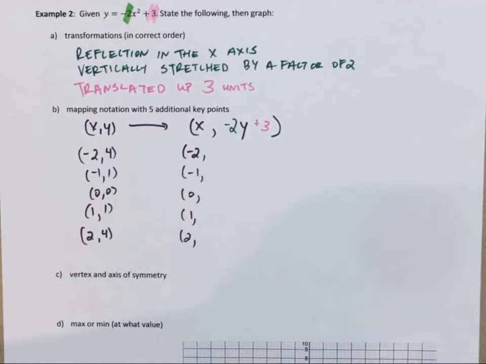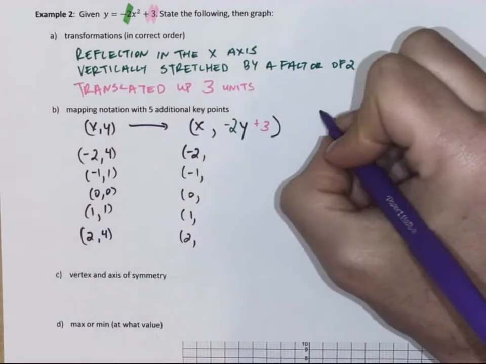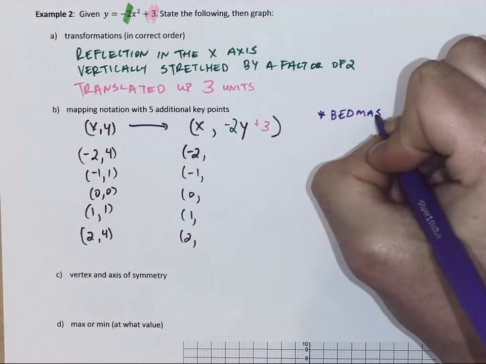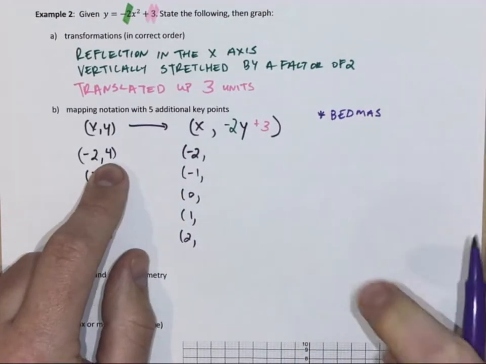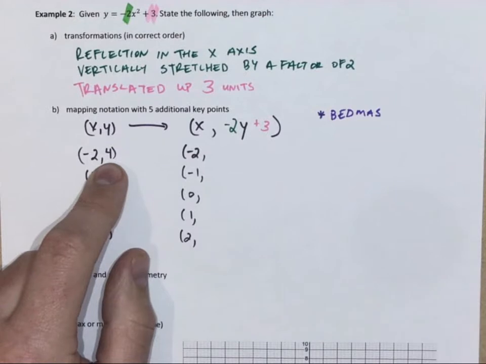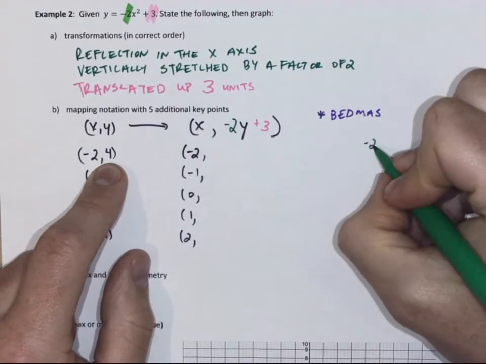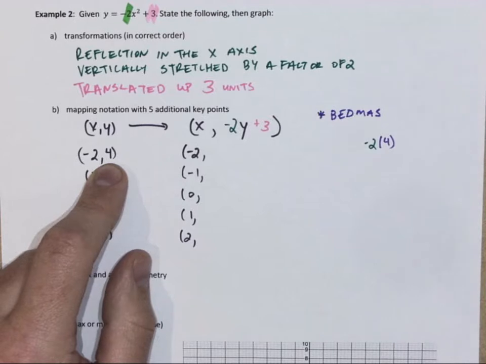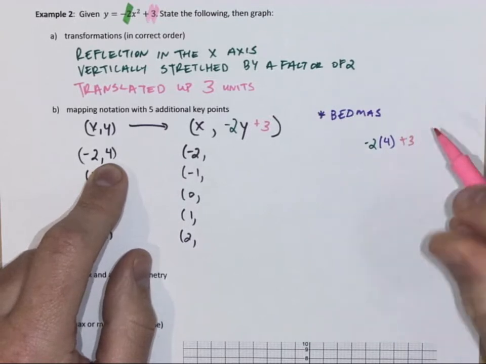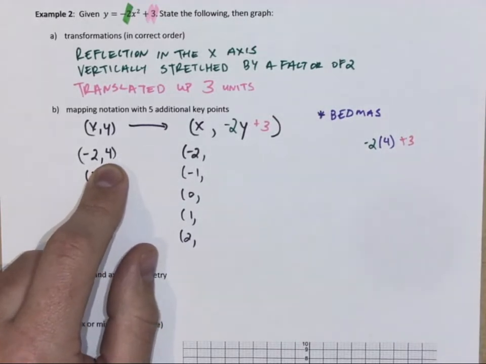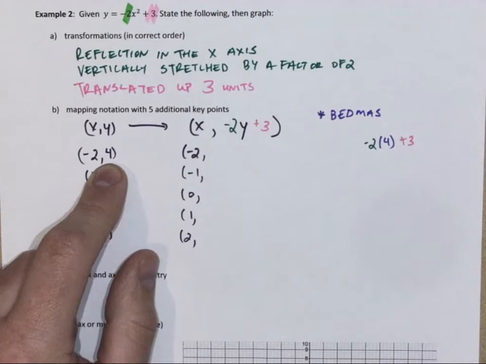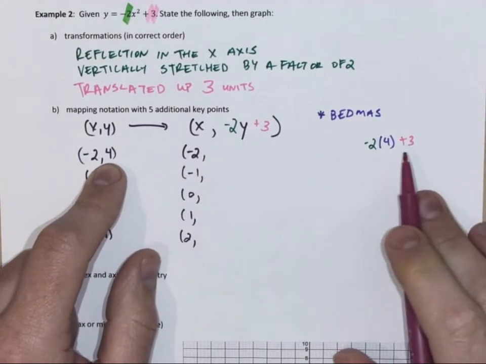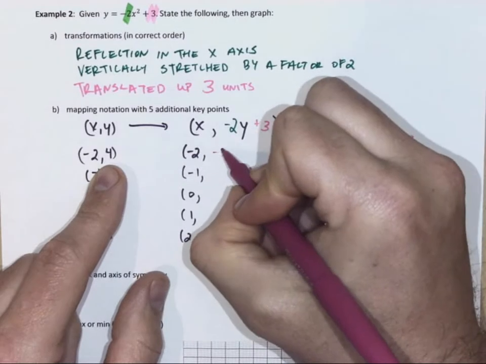Now the Y values, I need to think about my order of operations. So it's going to be -2 times 4, and if I just put this over here real quick so we can just think about it. 4 times -2 is -8, plus 3 is going to be -5.